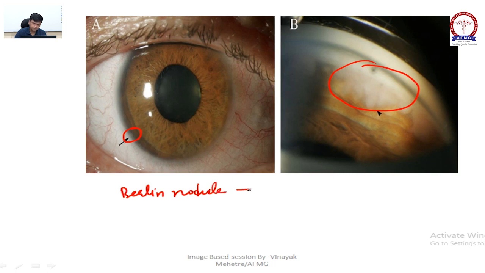Berlin nodule, seen on the iris angle. BA. That's why I gave you that mnemonic. I am not a pervert.